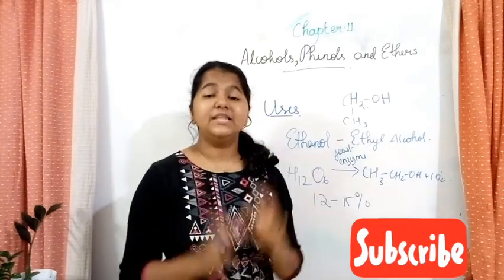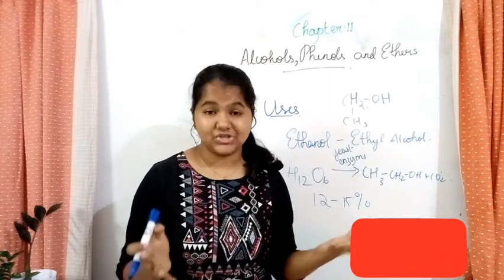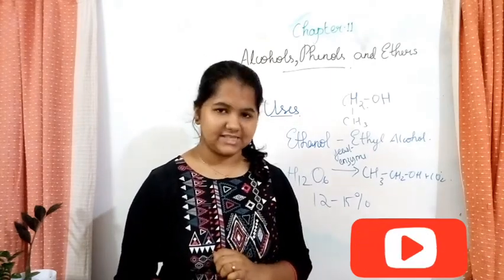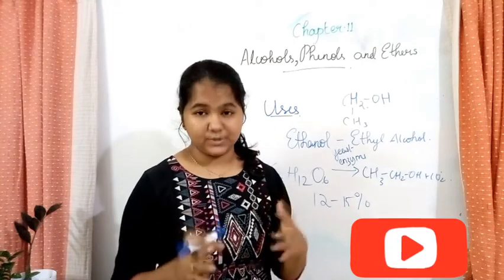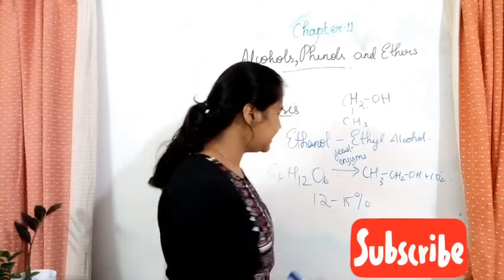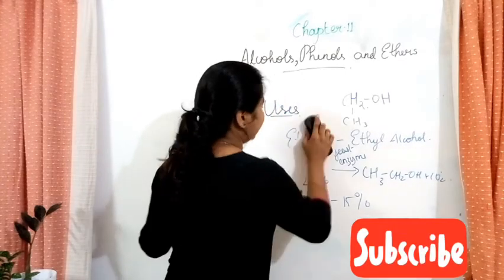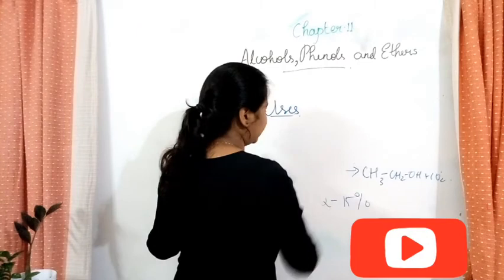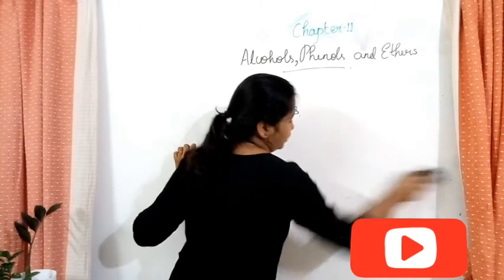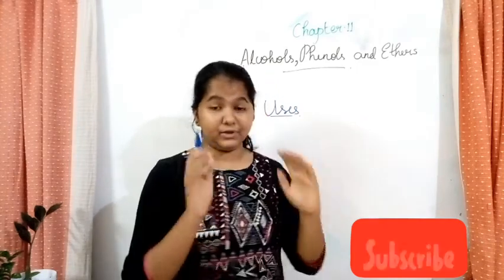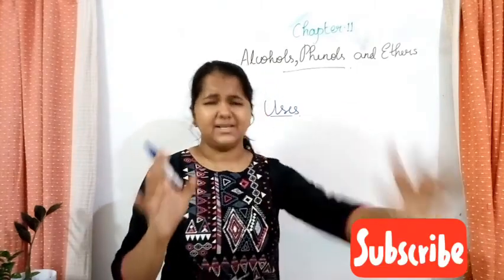So the ethanol preparation in industries is with the help of a gas called synthesis gas. The synthesis gas undergoes reaction to form ethanol. So what is the synthesis gas? Synthesis gas is actually a mixture of carbon monoxide and hydrogen. So synthesis gas undergoes reaction at certain conditions.